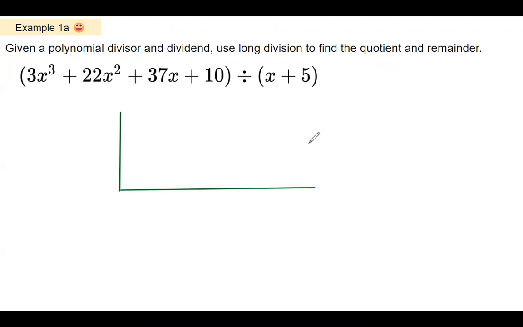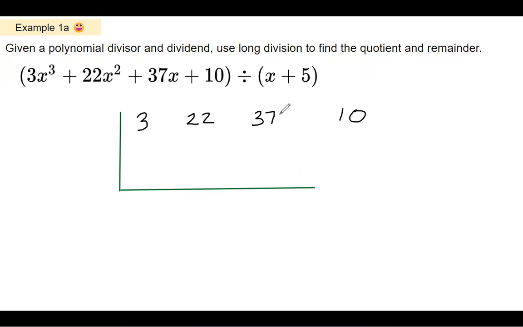So here's my first coefficient, which is 3. My second coefficient is 22. My third coefficient here is 37. And my constant is 10.